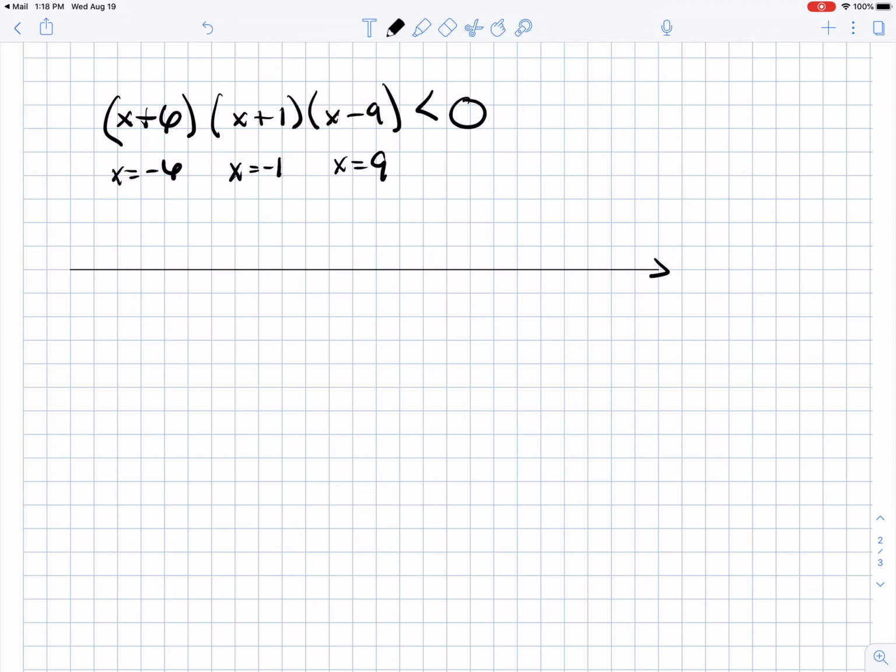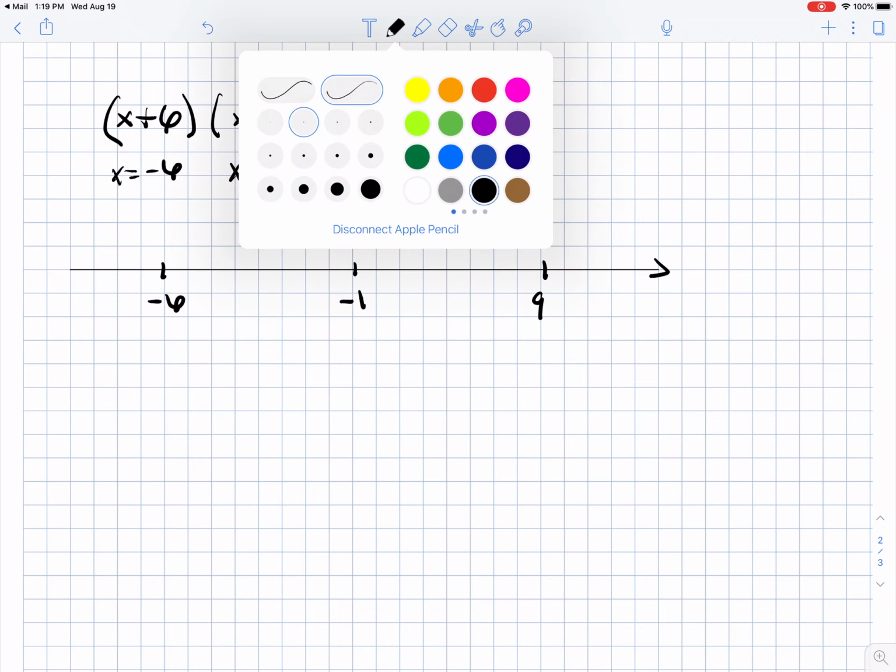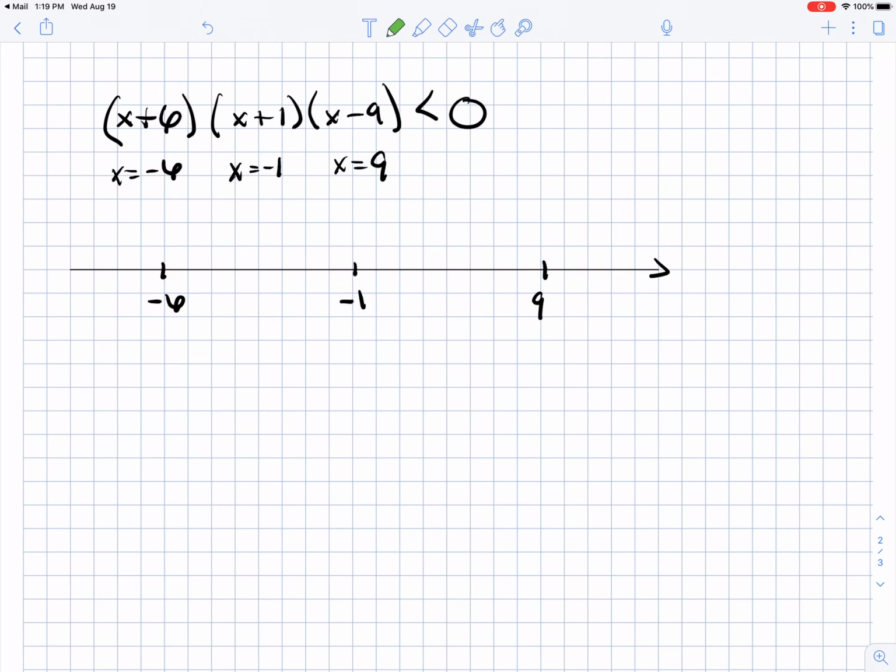What we want to do is take those solutions and plot them on the number line. Say this is negative 6, this is negative 1, and this is 9. The graph of the original is basically an S-shaped curve. The leading coefficient is positive, so the right-hand side goes up, and since the degree is odd, the left-hand side goes down.